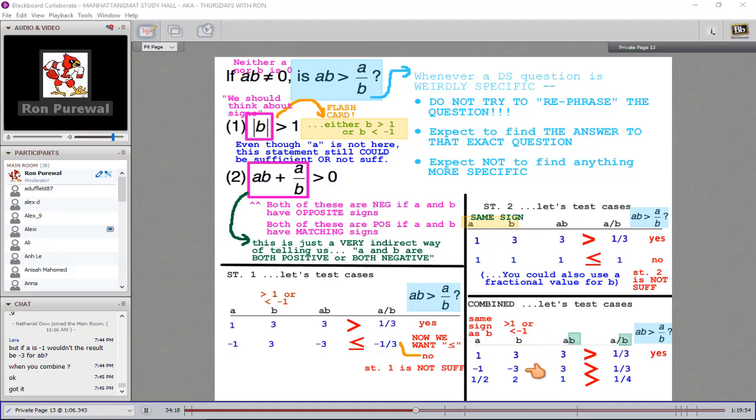If you play around with these values, you're going to realize really quickly that plugging in negatives does nothing, because if I plug in minus this and minus that, it'll be the same as if I plugged in positive this and positive that. You'll see. If not, just play with numbers until you figure it out. Remember, you have lots of time to plug in values and see what they do.